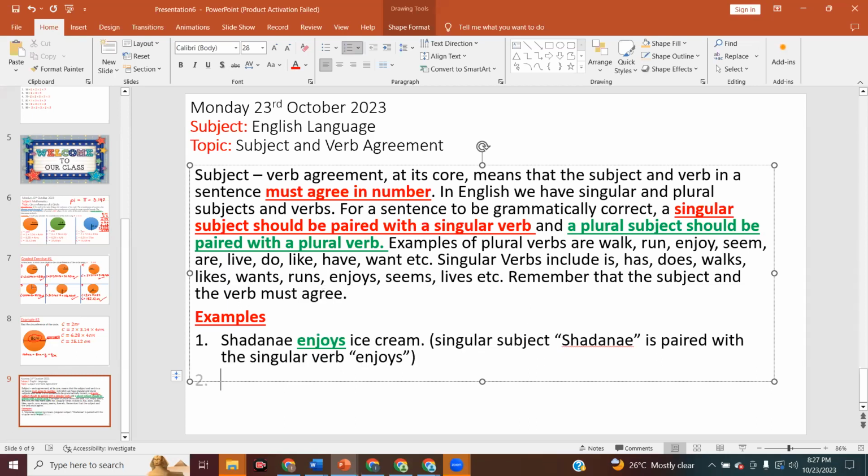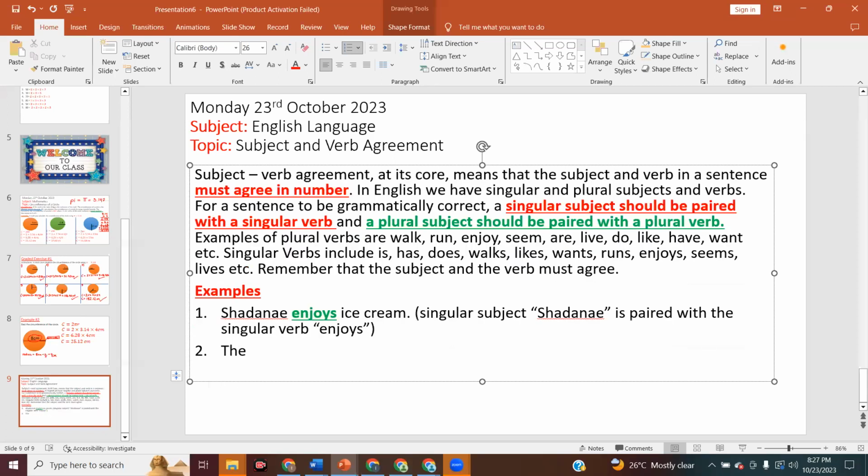Let's do number 2. This one is going to be easy. Watch this. The cats sleeps. Is that right or is that wrong? That would be wrong.